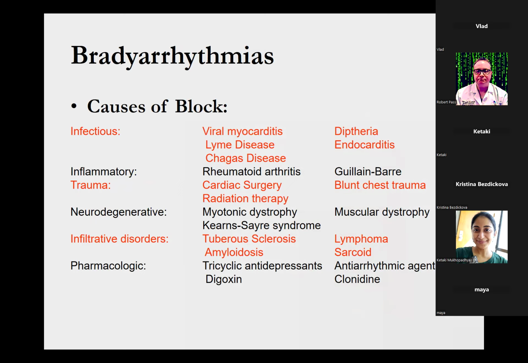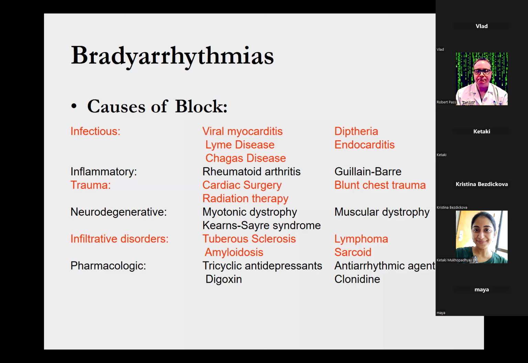We don't see diphtheria as much, thankfully, because people are immunized, although with the new anti-vaccine campaigns that exist, we may see more of that, unfortunately. And then, of course, endocarditis can injure someone's conduction. There are a number of inflammatory disorders like rheumatoid arthritis or Guillain-Barré that can theoretically cause block. I'm not sure I've seen either of those.